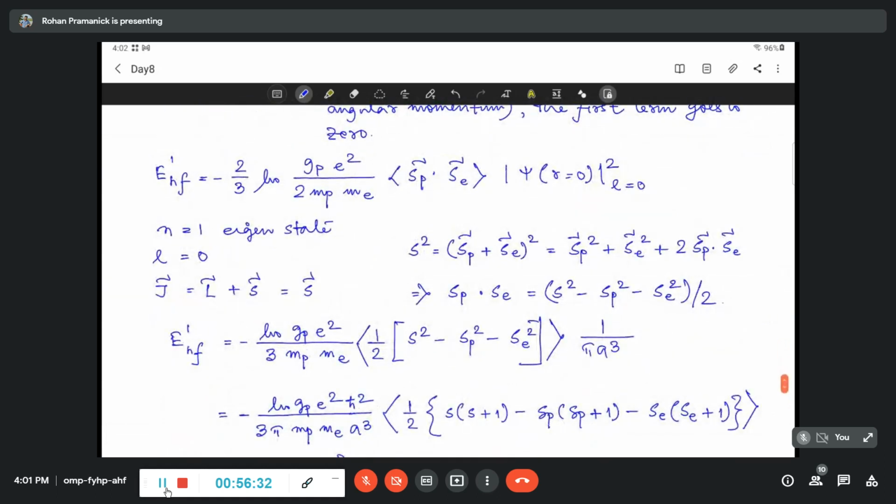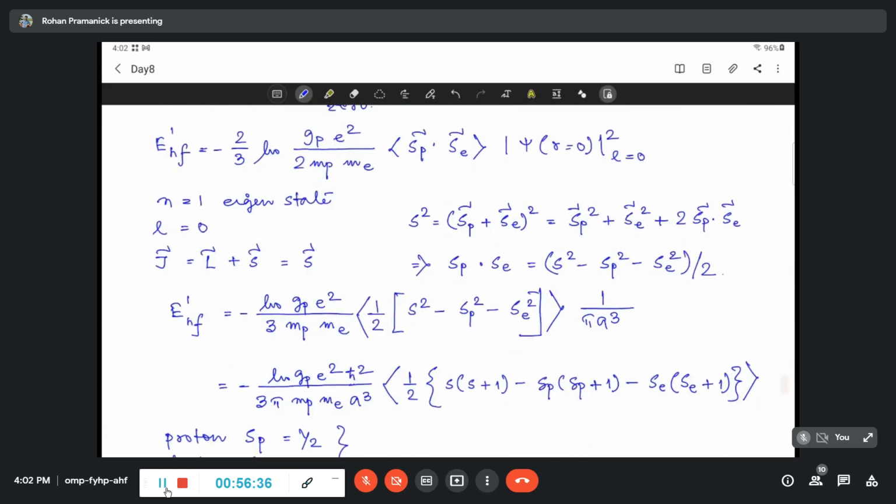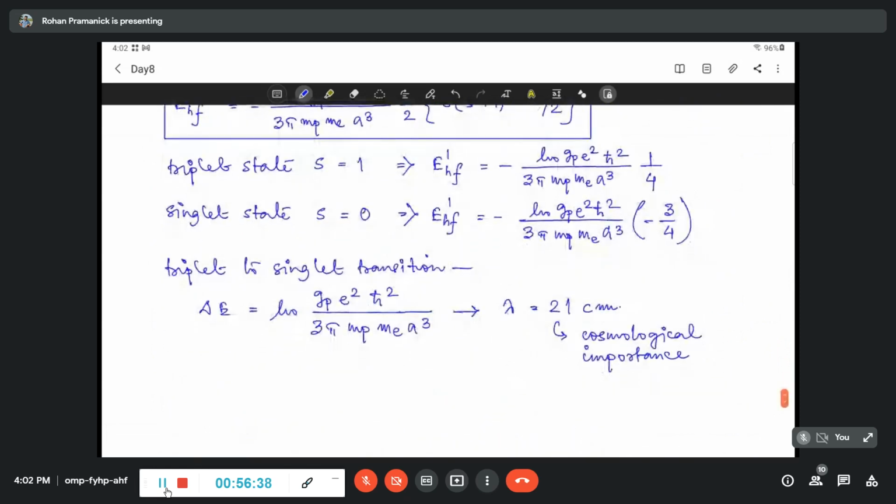And in terms of hydrogen, if you again put all the values of the spins, you will get a certain expression, and you find that this results in a transition which has a wavelength of 21 centimeter, which is very much important in one of the areas of astrophysics and cosmology.